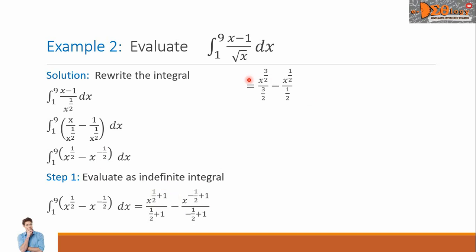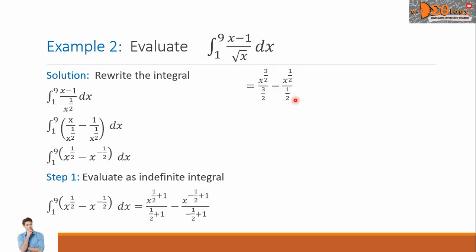So we write x raised to 3 over 2 all over 3 over 2, minus x raised to negative 1/2 plus 1, which is positive 1/2. So we have 1/2 as the exponent all over the same 1/2 as denominator.